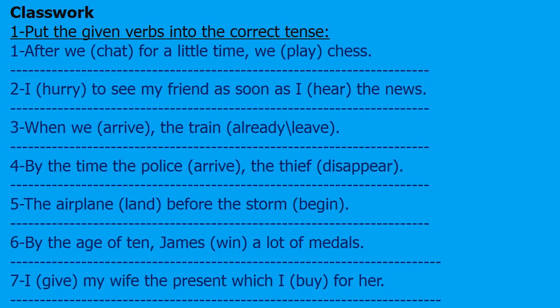Okay, so here we will say I hurried, past simple, H-U-R-R-I-E-D, because it ends with letter Y and there is a consonant before. I hurried to see my friend, as soon as I had heard the news.